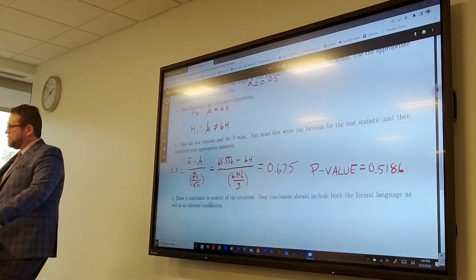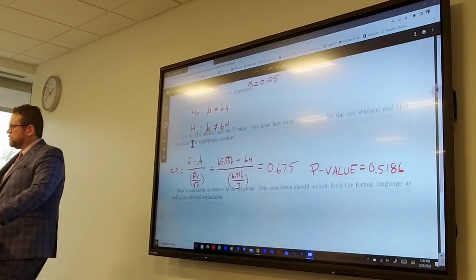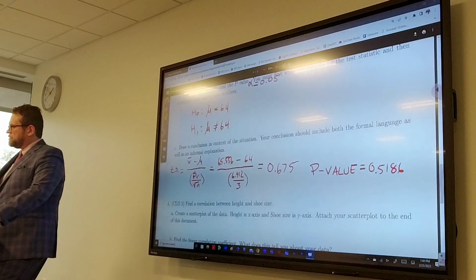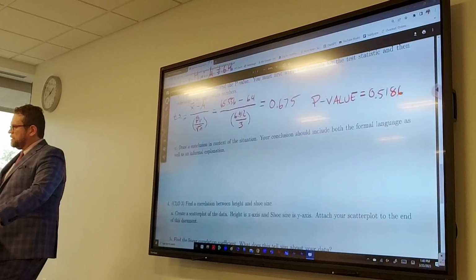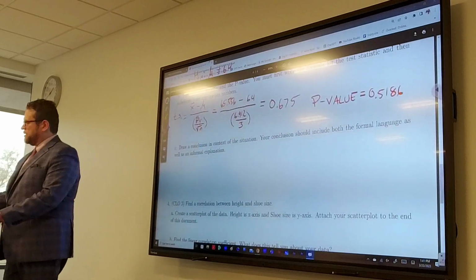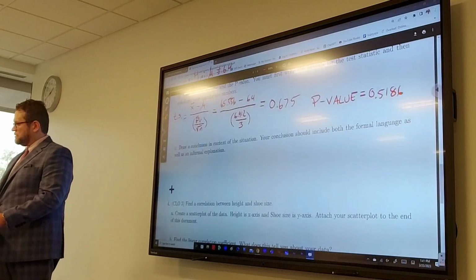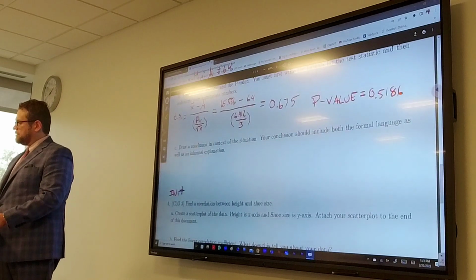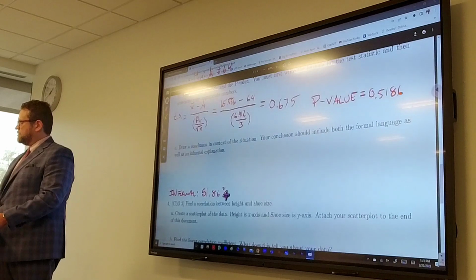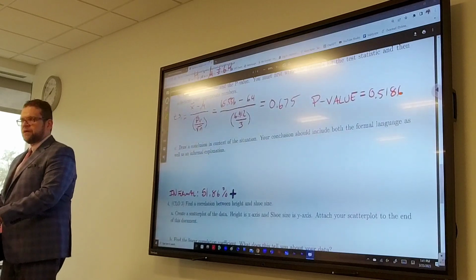And that's going to be part of what our informal conclusion is in the next part. So informally, I would say that there's a 51.86% chance we're wrong if we reject.